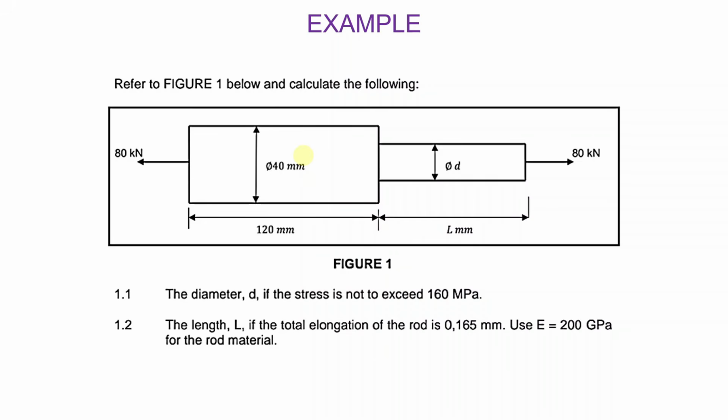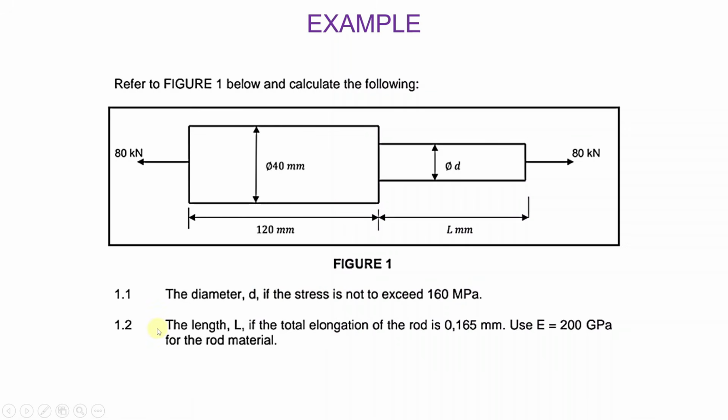Now for question 1.1, they want you to find the diameter D if the stress is not to exceed 160 megapascals. It means that the maximum stress that this object can reach is 160 megapascals, and they want you to find the diameter D.